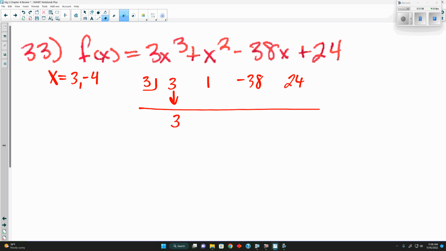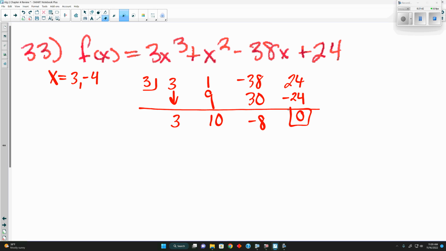Well, 3 times 3 is 9. 1 plus 9 is 10. 3 times 10 is 30. -38 plus 30 is -8. And 3 times -8 is -24. And 24 plus -24 is 0. And we already knew that it was going to be 0 because the graph told us that the y value when x is 3 is indeed 0.